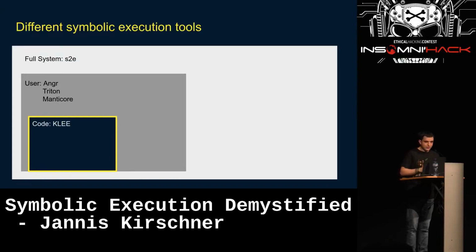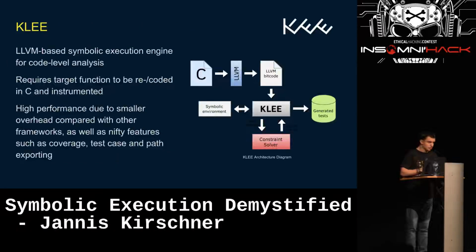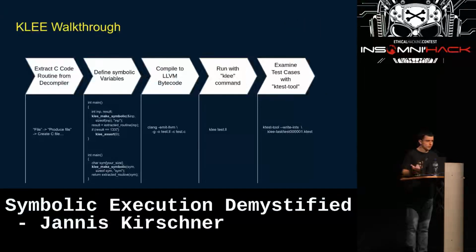And finally, there's also code-level symbolic execution with tools like KLEE. So if you have access to the source code, or you clean some decompiled code up, and you just want to analyze a certain function, you can compile it with KLEE. It's LLVM based for C functions. And then you can symbolically execute your custom compiled code. This is really cool because you don't have to do a lot of work.